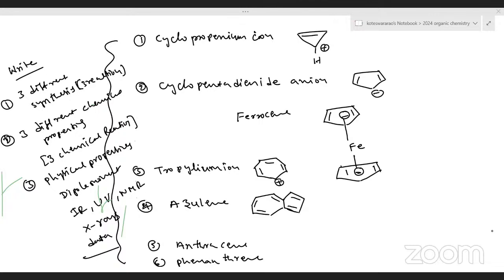Explain. Like that. If he wants to test the application of that limitation, he may ask like that. But in most cases, about the postulates and limitations, the direct question will appear in the examination, especially in the theory examination.